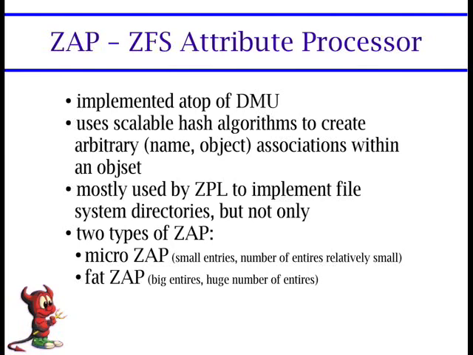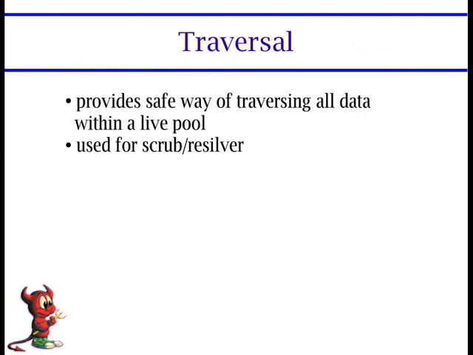Traversal is described as a separate layer because it isn't really easy to traverse a live file system and a live pool, but this layer allows you to traverse the whole pool, the whole ZFS tree, safely. So you can use things like synchronization and checksum validation on a live file system. You don't have to take your pool down to do it.